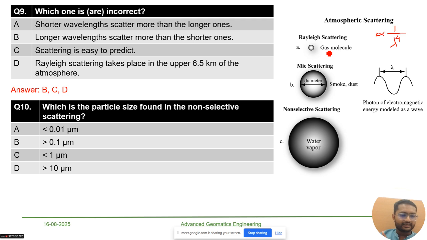After 6.5 to 7 kilometer, half of the atmosphere becomes empty, and most of the gas molecules are in the lower atmosphere, so this scattering happens in the lower part rather than the upper part.